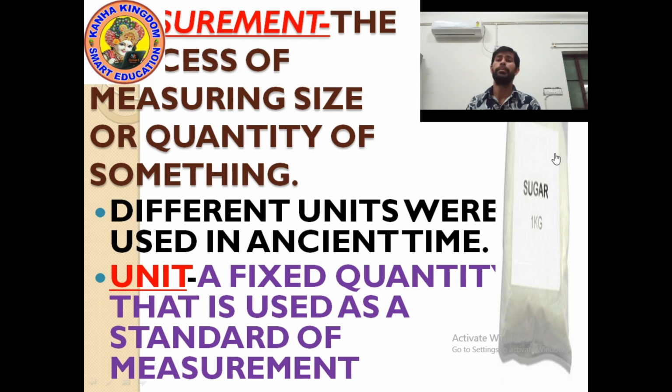Suppose that your mother said to you, go and bring 1 kilogram sugar from the shop. Then you went to the shop. The shopkeeper gave you sugar in kilograms. So, what is kilogram? Kilogram is a unit.